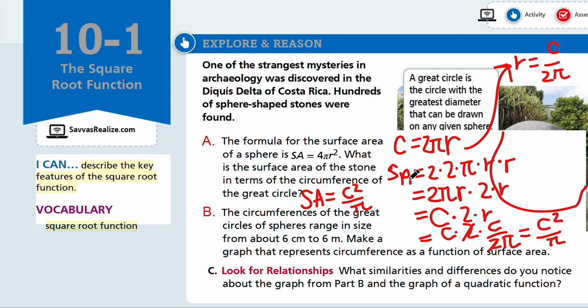Okay, so the circumferences of the great circles of spheres, part B, range in size from about 6 centimeters to 6 meters. Wow. Make a graph that represents circumference as a function of surface area. So we're going to let x be the surface area and then circumference be y.